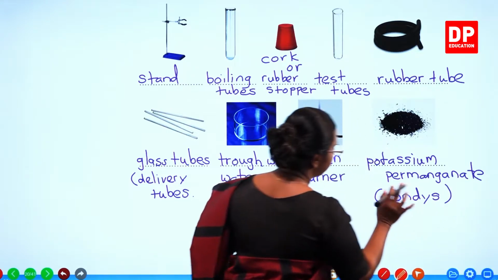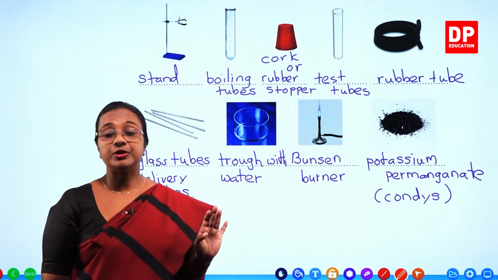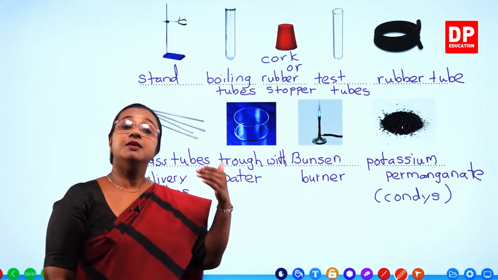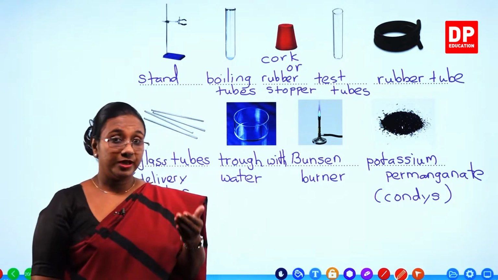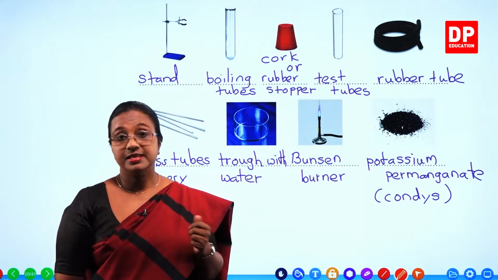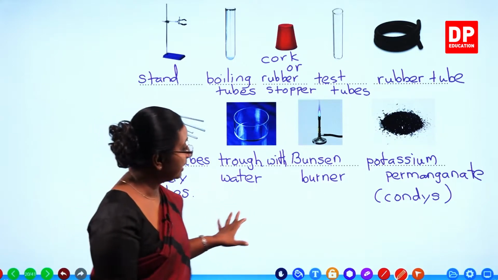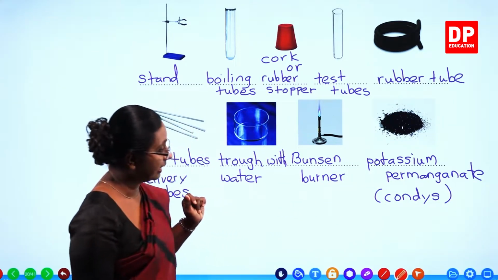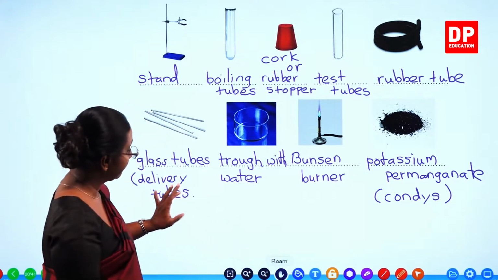Condy's or potassium permanganate crystals are needed. If we don't use potassium permanganate crystals, we can use one of the other chemical substances like potassium chlorate or hydrogen peroxide, potassium nitrate. Any one of those can be used. But here we use potassium permanganate crystals. So these are all the materials that we need.